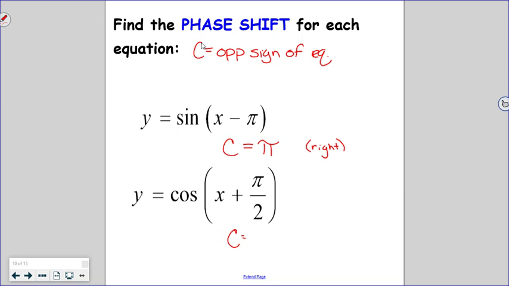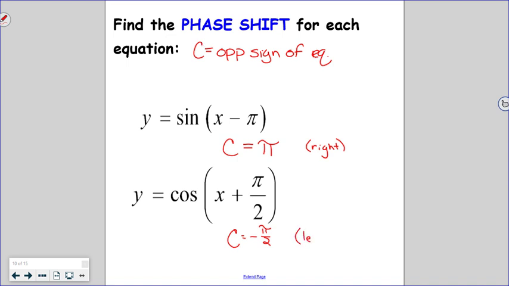What will happen sometimes, don't write this because this would be counted incorrect, is that they say that this would move left pi over 2. So if you were asked to identify the phase shift, they would say left pi over 2. But it really shouldn't be left pi over 2, it should be negative pi over 2. Does that make sense? So you can't use the words right or left to indicate. You have to use the correct sign when asked to identify C or phase shift.